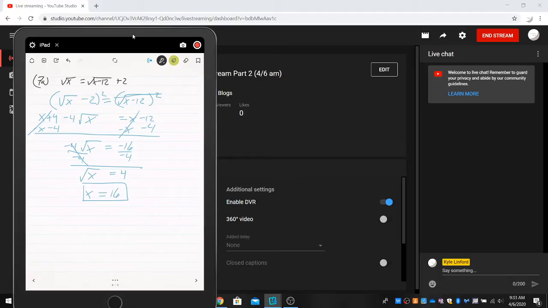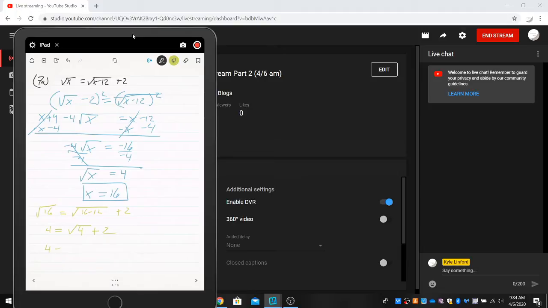So I'm going to plug it in. I have the square root of 16 equaling the square root of 16 minus 12 plus 2. The square root of 16 is 4, and the square root of 16 minus 12 is the square root of 4 plus 2.